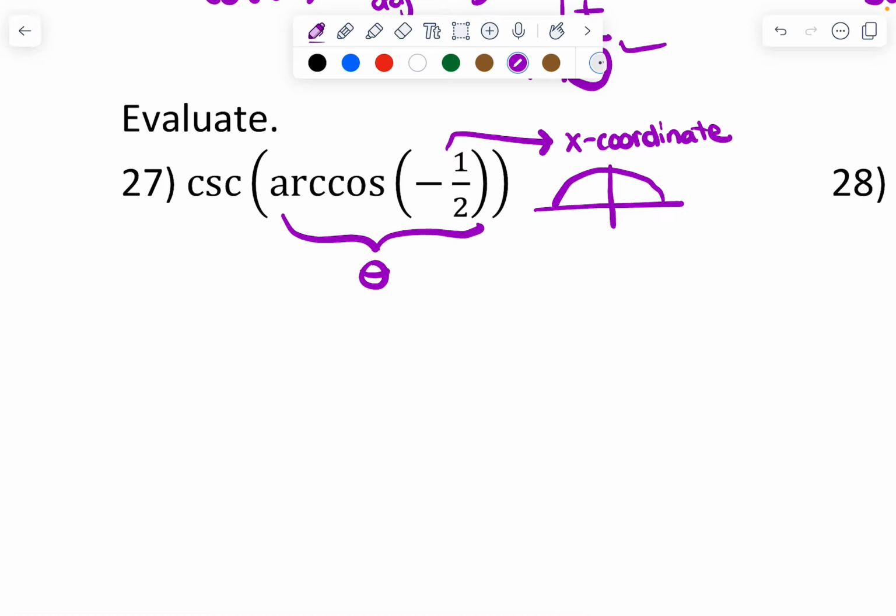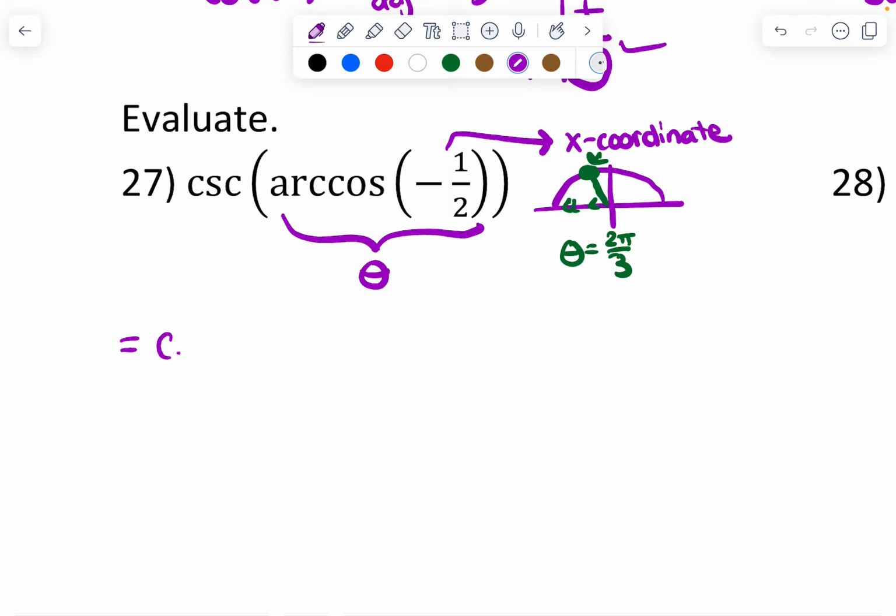So that means we only have one option for -1/2. It's going to be in this direction, but it's going to be a little bit smaller. So it's going to be closer to the y-axis, which means that theta is equal to 2 pi over 3. So that means all of this is equal to 2 pi over 3. So we found the x-coordinate, and then we worked our way in to find the theta.